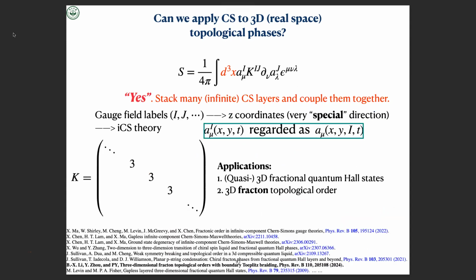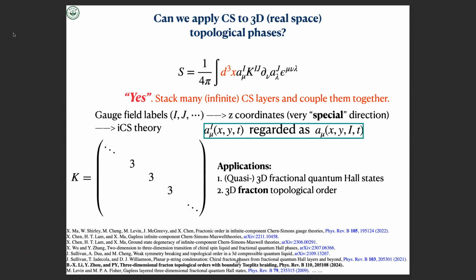Then we still try to apply this transition theory to describe the 3D phase, and there is still a chance. The chance is that we regard this ij index as a coordinate along the z direction. So now this field a mu I x y t becomes a mu x y I t, and this index I now becomes the coordinate in the z direction.